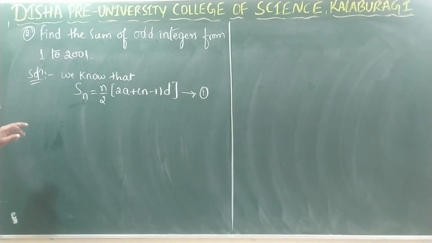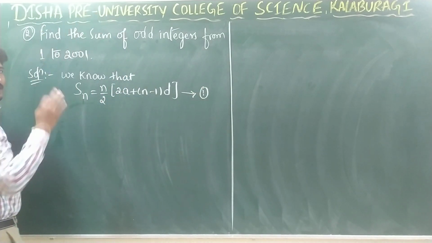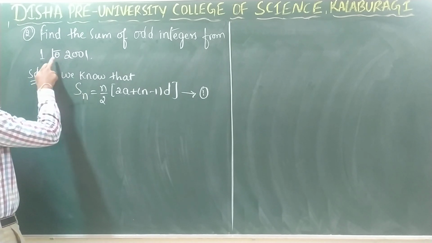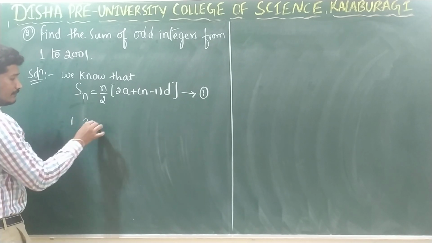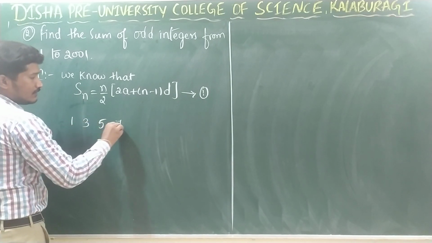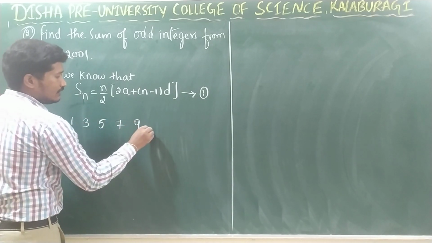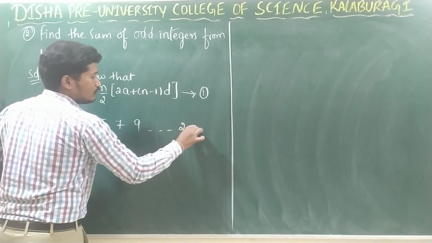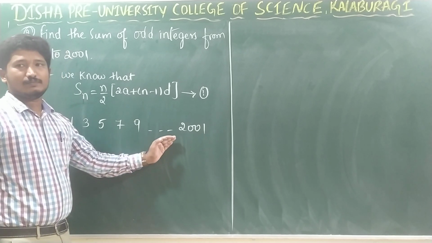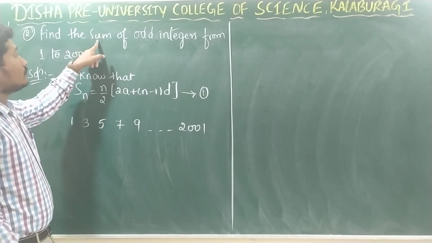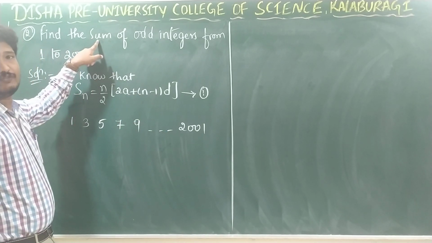Right? So sum means what? See, sum of odd integers. So what are the odd integers from 1 to 2001? 1, 3, 5, 7, 9, so on to 2001. So we have all these terms so that we have to calculate the sum of these terms, right?